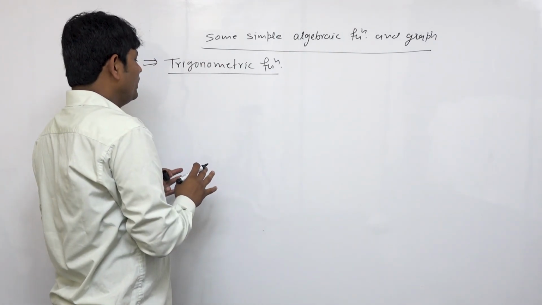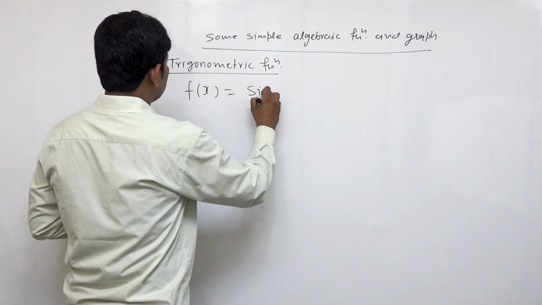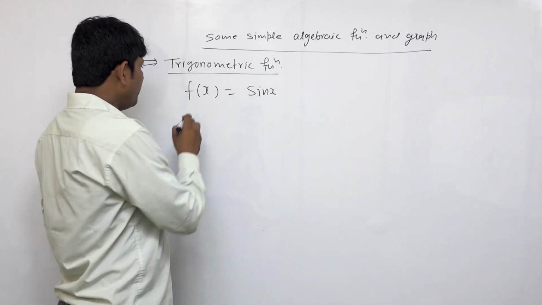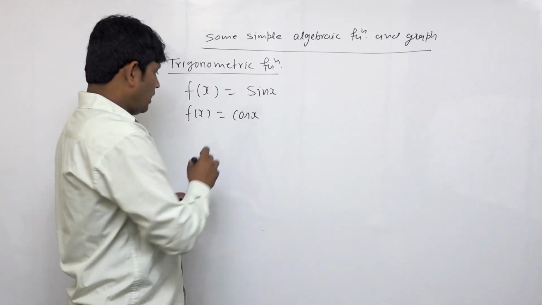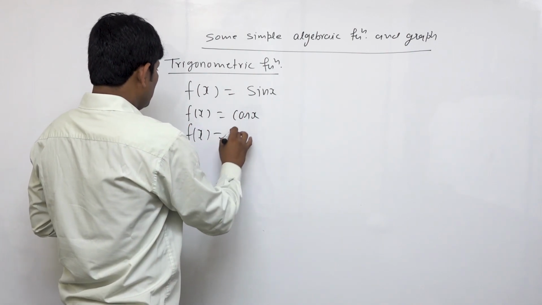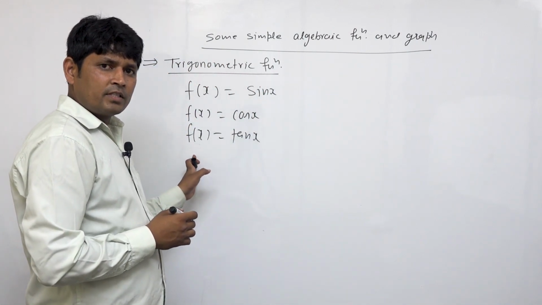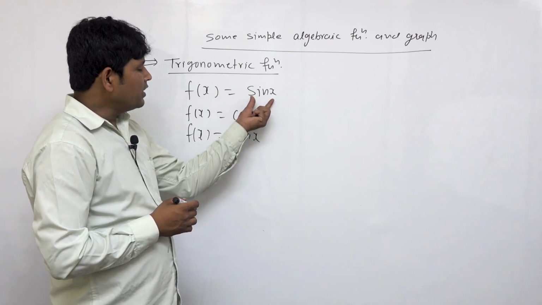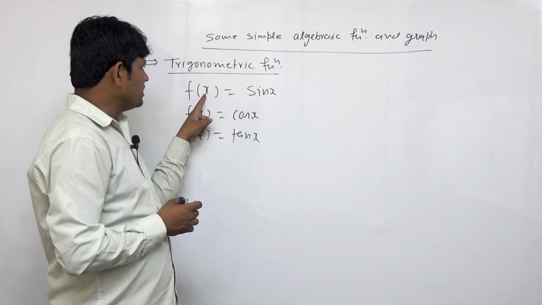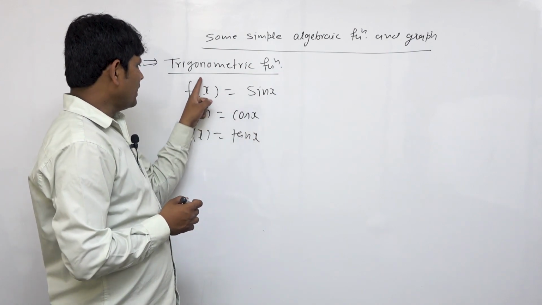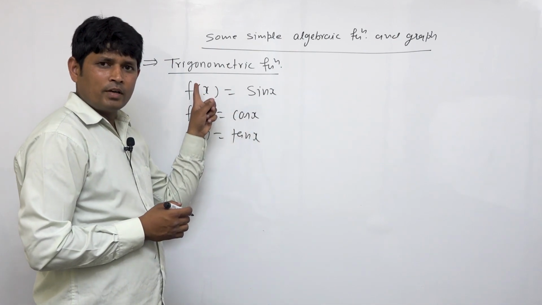If a function f(x) is written as either sin x, or f(x) is equal to cos x, or f(x) is equal to tan x, such a type of function is called a trigonometric function. This is the trigonometric ratio, and this is an angle. If f(x) is equal to sin x, x is the input, the angle is the input here. In this case, this is called a trigonometric function.